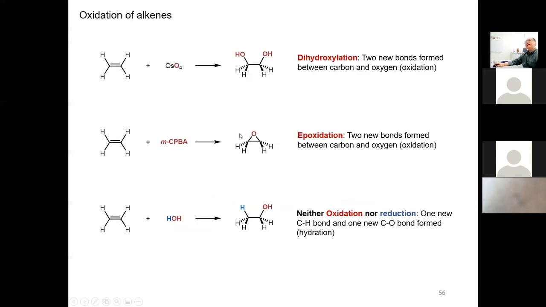And how about oxidation? After we talk about the reduction, oxidation is another category of very important reactions of alkenes. Actually, in introductory organic chemistry, like this course, it is not well focused on oxidation and reduction.